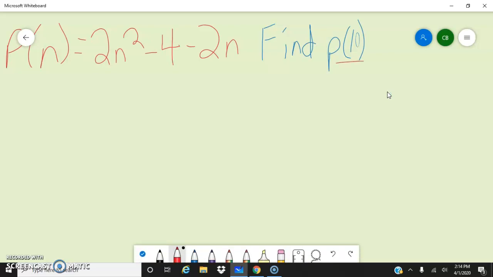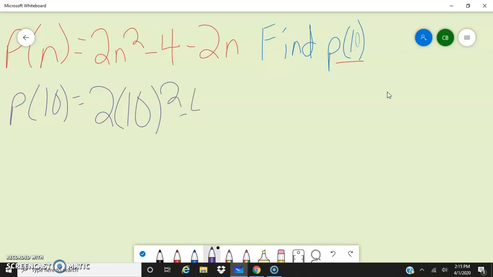So all we're going to do is plug in 10 anywhere we see an n. So p of 10 equals 2 times 10 squared minus 4 minus 2n, and we're plugging in 10 for n.